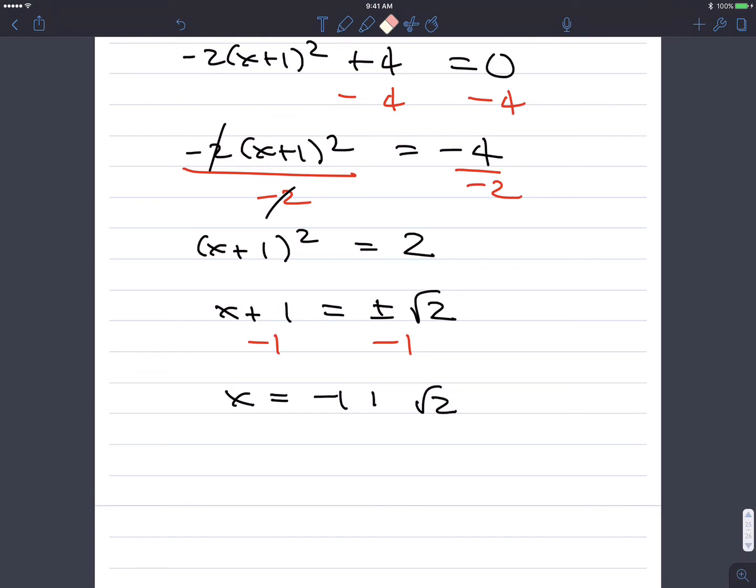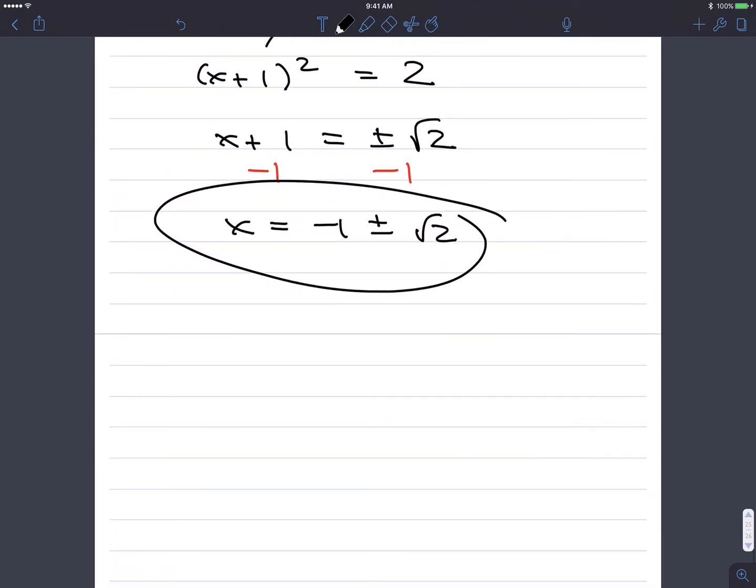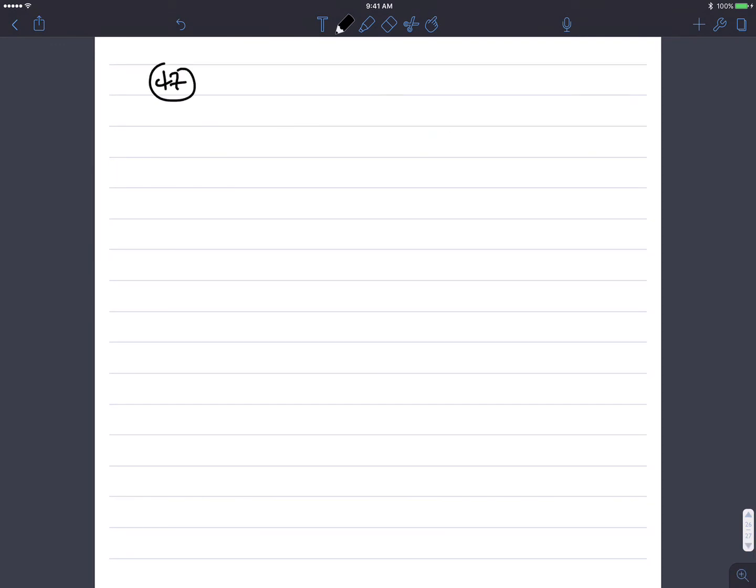Let's write that a bit better. Solution set looks like this. Negative 1 plus the square root of 2, negative 1 minus the square root of 2. And that leaves us up to 47. Negative 3x squared minus 16x plus 3 is 0.